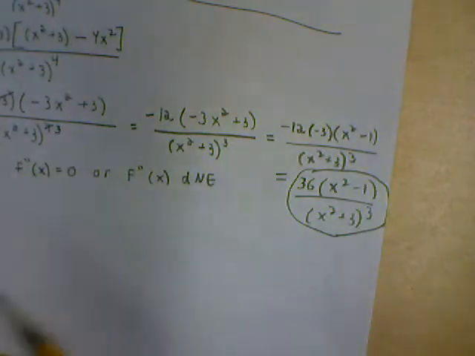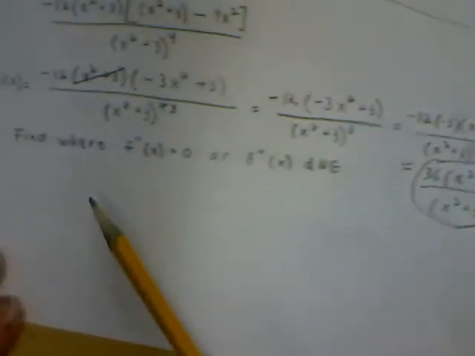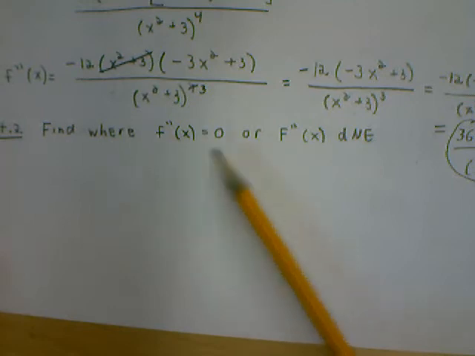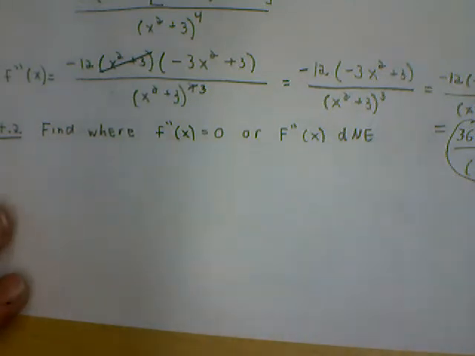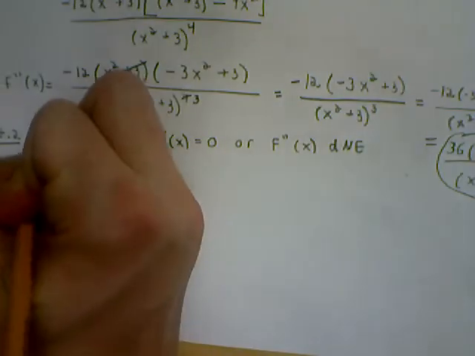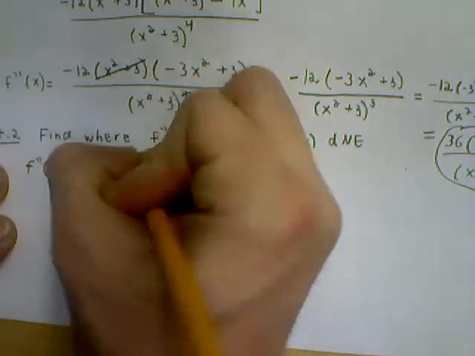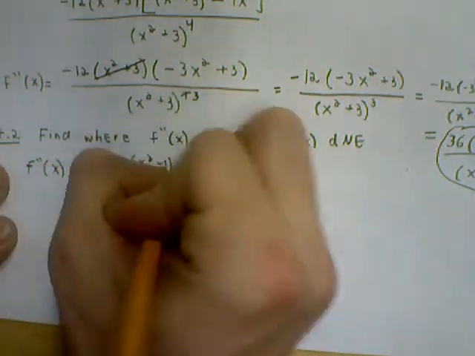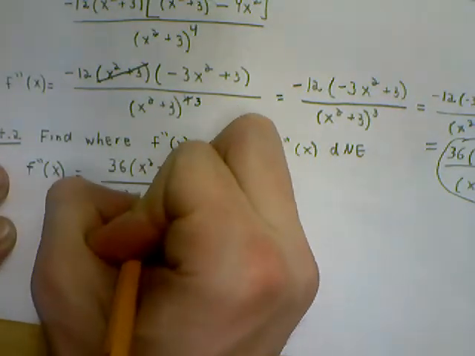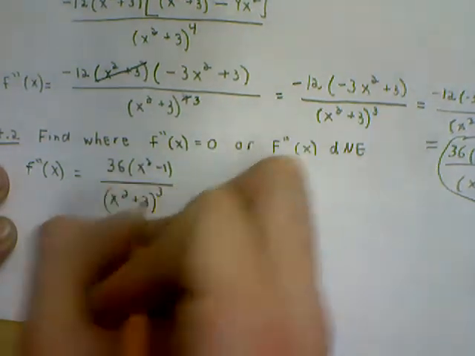Now I have to find out where my second derivative equals 0 or does not exist. My second derivative was equal to 36 times the quantity x squared minus 1 over x squared plus 3 cubed.